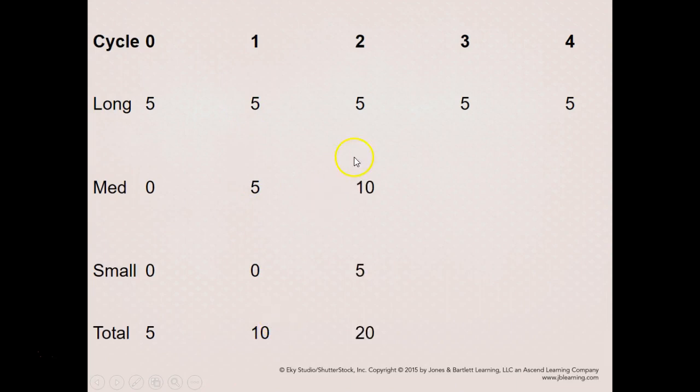If you do it again, now you have, again, 5 more medium strands produced. And these 5 medium strands produce 5 small strands. These 5 strands also have to move over, and these, of course, move over. So now you have 5 plus 10 plus 5 is 20.